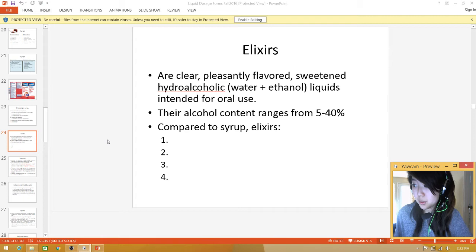Alcohol is semipolar, meaning that it has both the hydroxyl OH group in order to hydrogen bond with water, and it also contains carbons that are able to bond with the poorly water soluble drugs. In this way, alcohol acts as a co-solvent along with water.